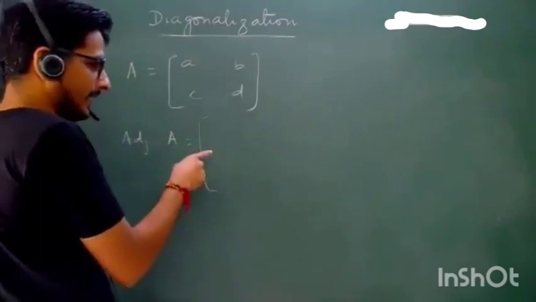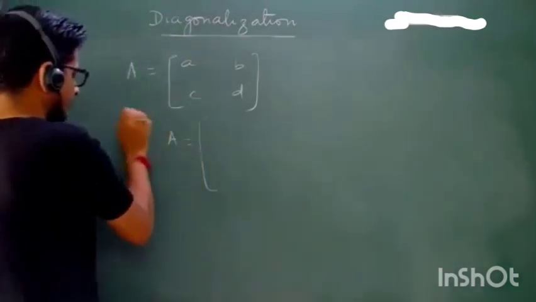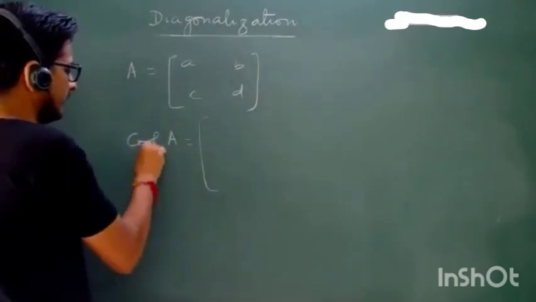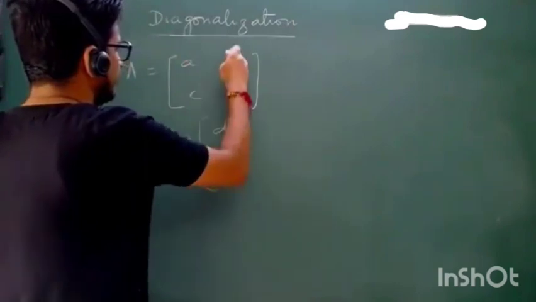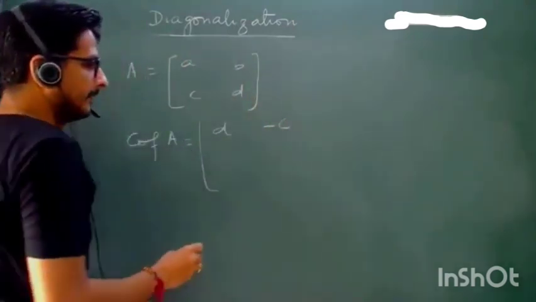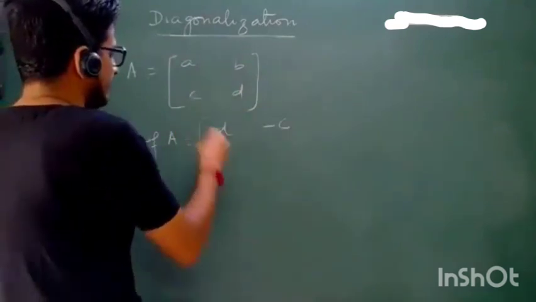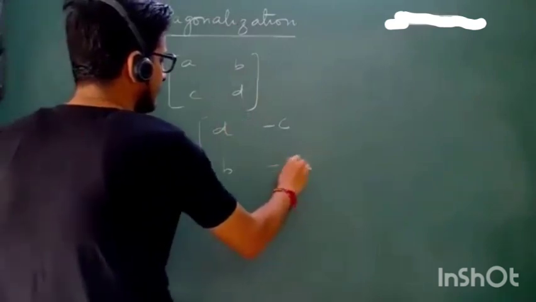First you make a cofactor matrix and then you take the transpose. So first of all, the cofactor matrix: with this it becomes d, and with this it becomes minus c. Correct? With this it becomes minus b, and with this it becomes a.